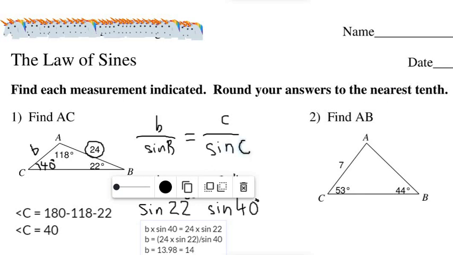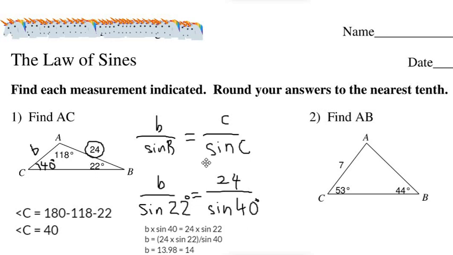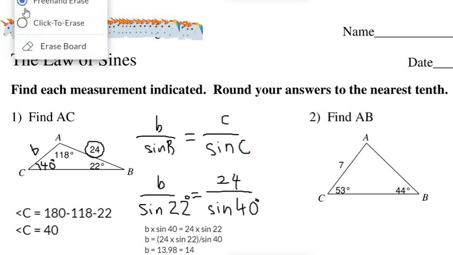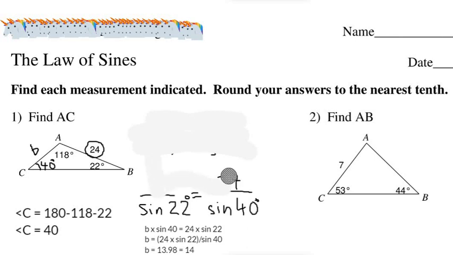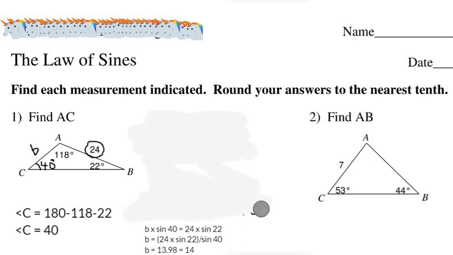Now let's move on and take a look at the second question. Let me just erase all this first. And we'll take a look at how to figure out the missing side for number 2.